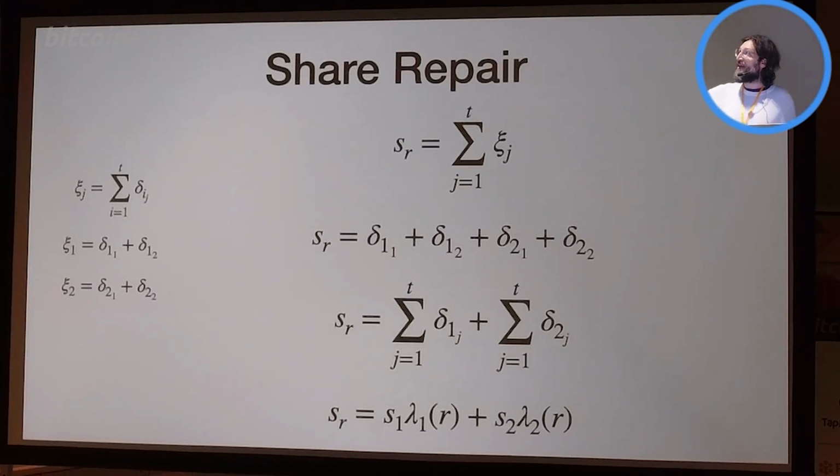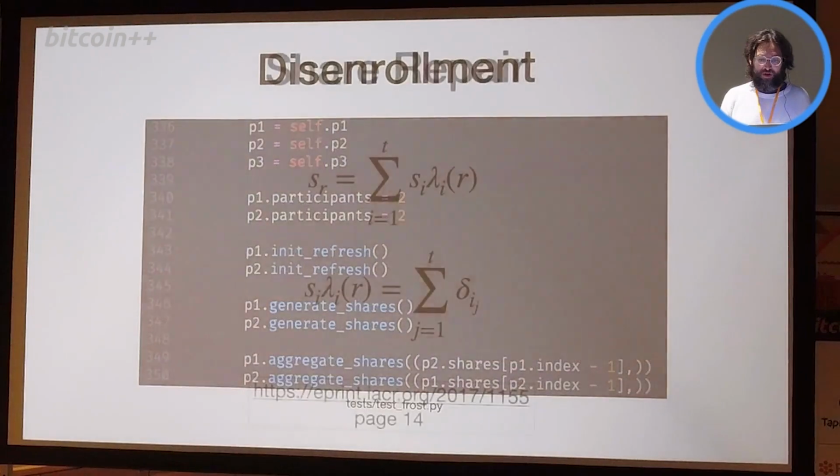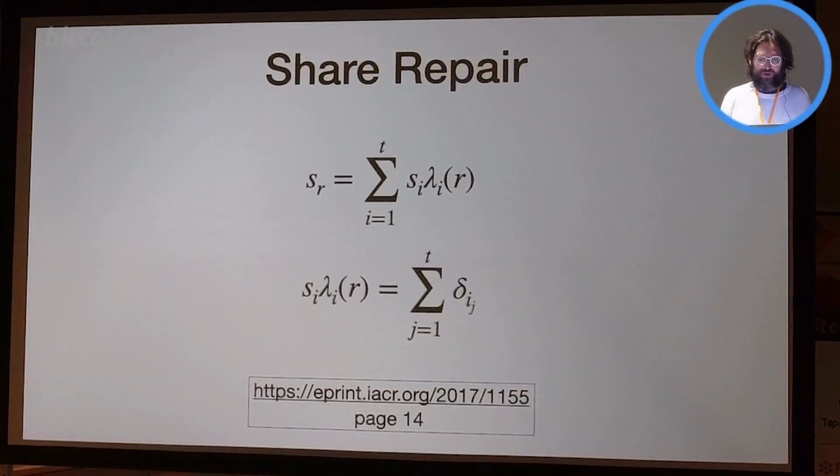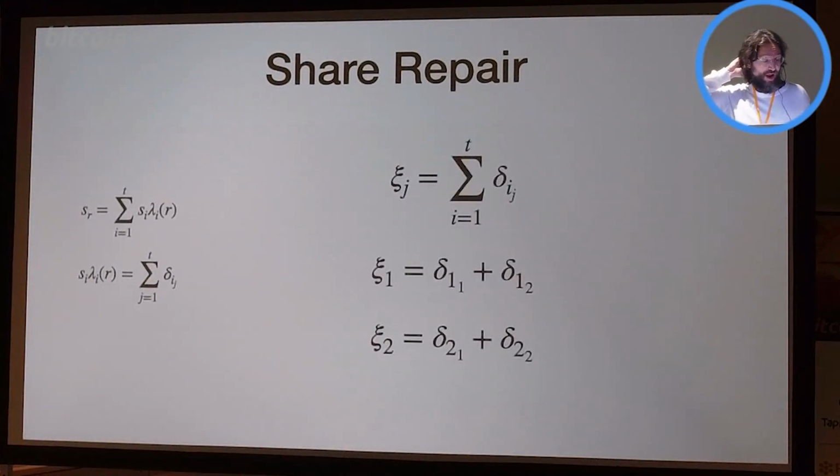And Carol can verify that the values she received are actually that participant's share times the Lagrange coefficient, because she can compute G times the share using the coefficient commitments and then multiply it by the Lagrange coefficient and see if that's actually what she received from the participant.